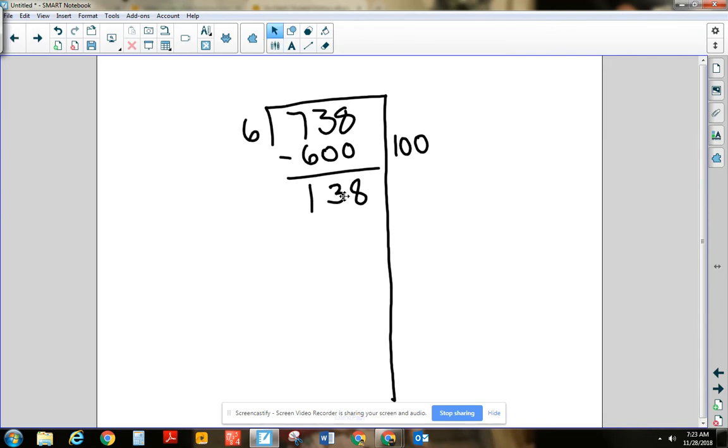How many 6's fit into 138? Well, I know 10 will. So let's subtract 60. 8. Oh, don't put 3 here. What's 13 minus 6? 7. All right, how many 6's fit into 78?